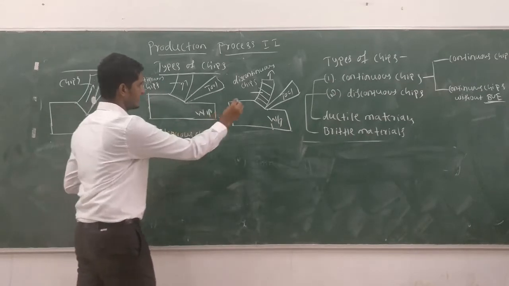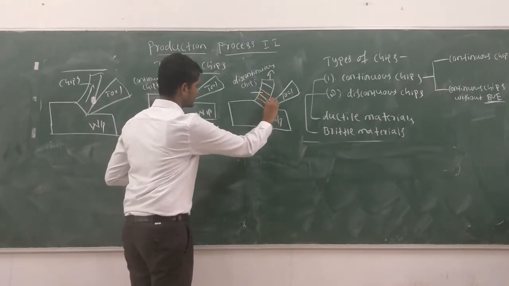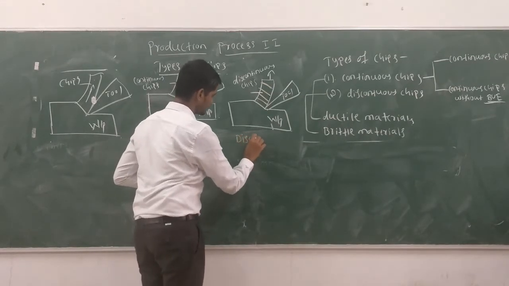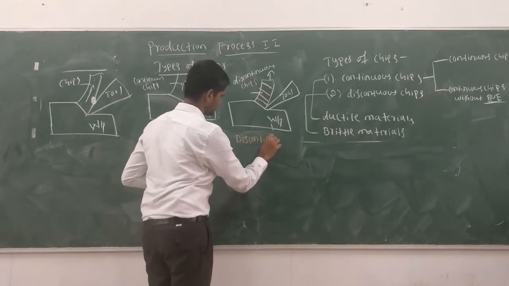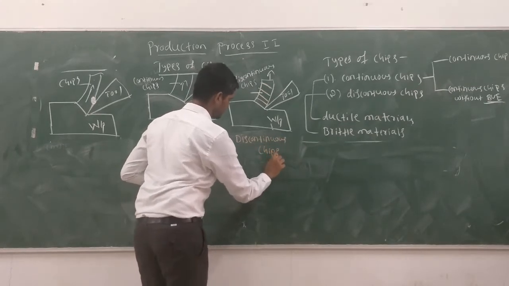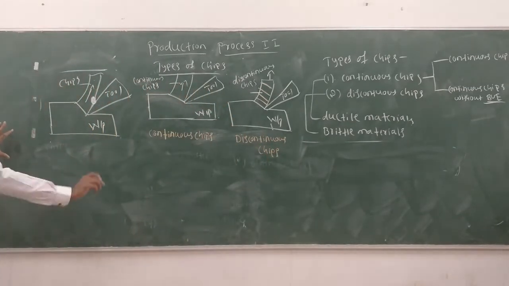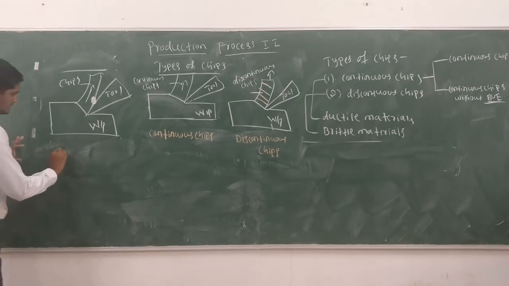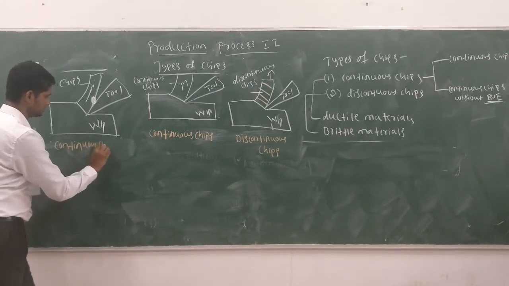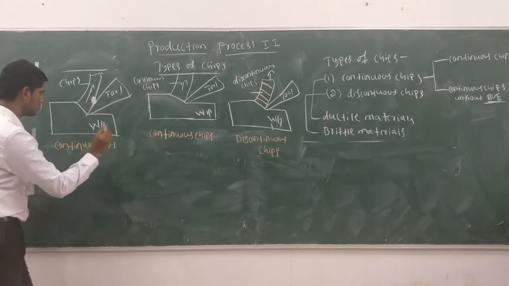As you can see here, the chips are discontinuous. This is a discontinuous chip. And this is a continuous chip, continuous chips with built-up edge.